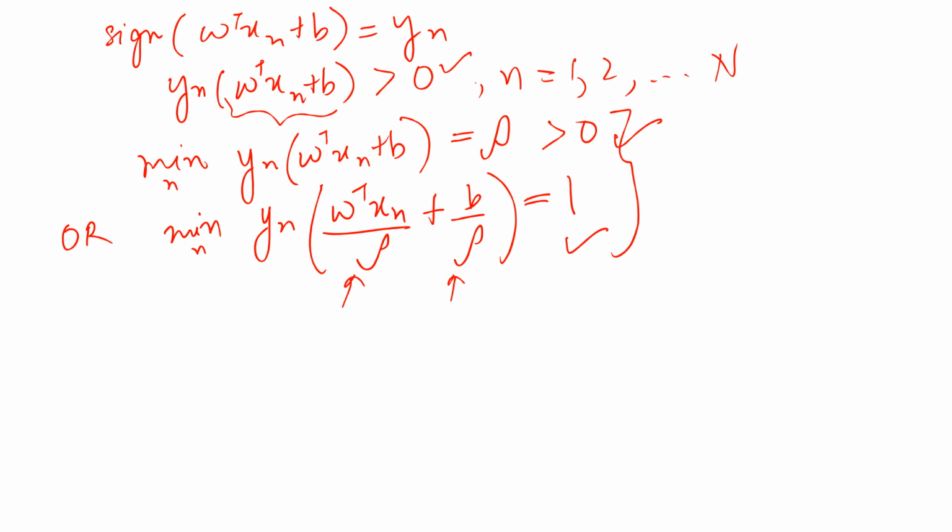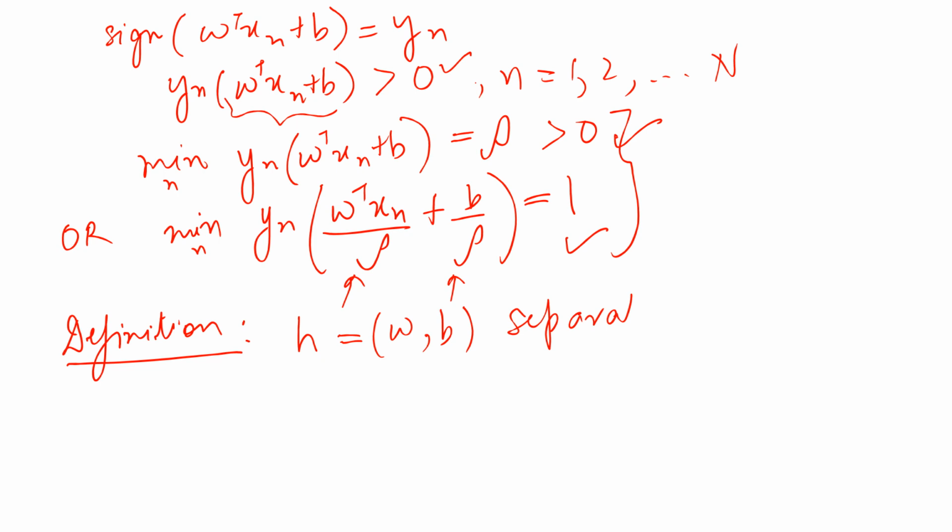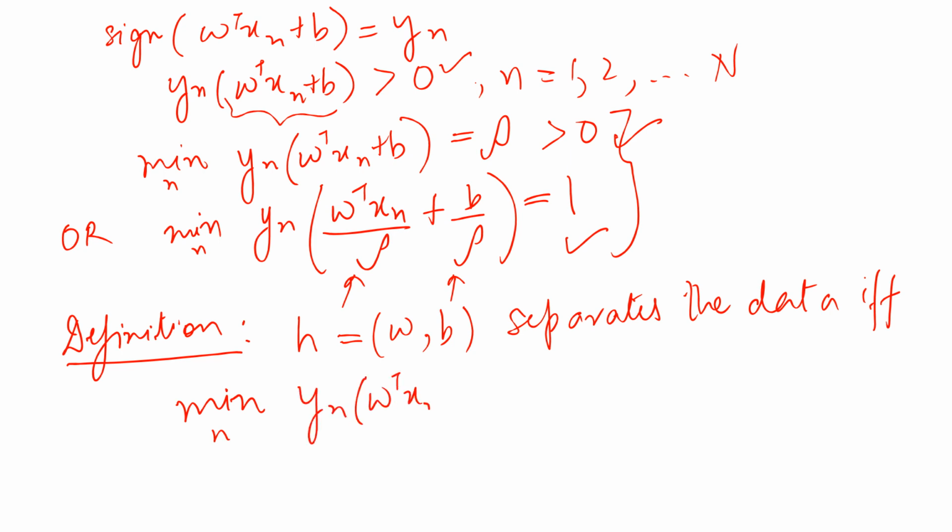Okay, so let me write this definition of the hyperplane and when it is a separating hyperplane. The definition says the hyperplane H, defined by the W and the B, separates the data if and only if the minimum over all data points of yn (w transpose xn plus b) equals 1.